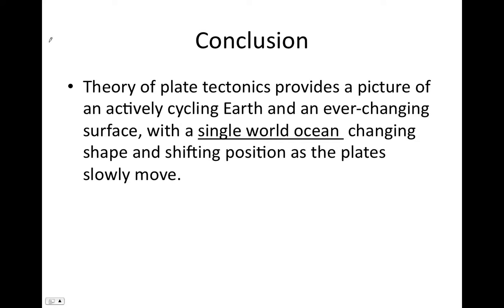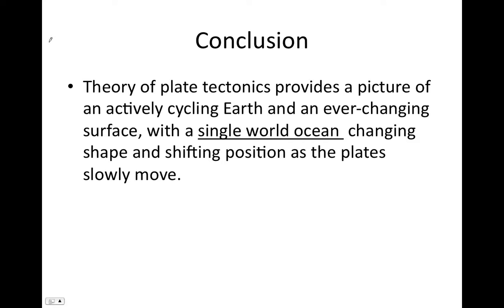So in conclusion, the theory of plate tectonics provides a picture of this actively cycling planet, and because of it, it has this ever-changing surface. And so the single world ocean on that surface is influenced by that ever-changing surface.